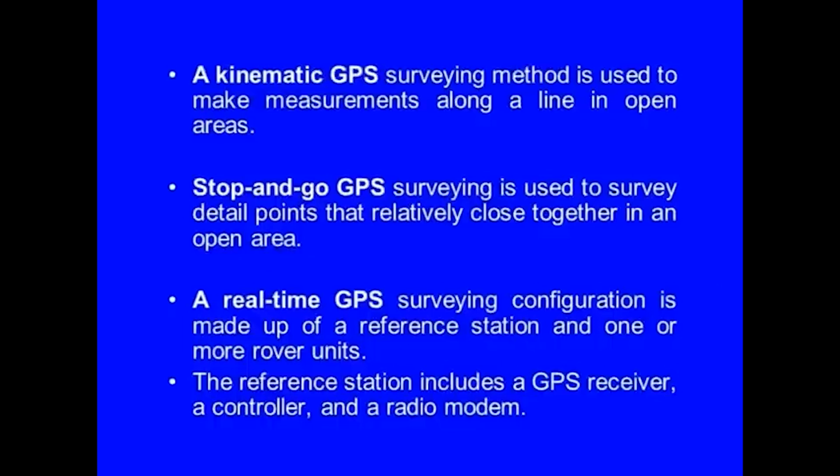Stop and go GPS surveying is used to survey detailed points that are relatively close together in an open area. A real-time GPS surveying configuration is made up of a reference station and one or more roving units. The reference station includes a GPS receiver, a controller and a radio modem.